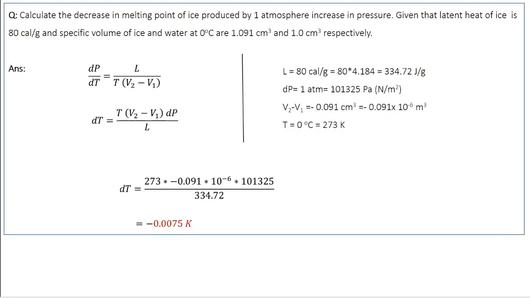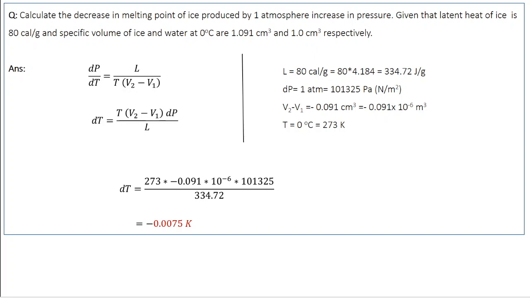Now write down all the parameters in appropriate unit. First, latent heat of ice is given. This is 80 calorie per gram. And what's the meaning of it? For 1 gram of ice, you need to provide 80 calories of heat energy to convert it into water at the same temperature.